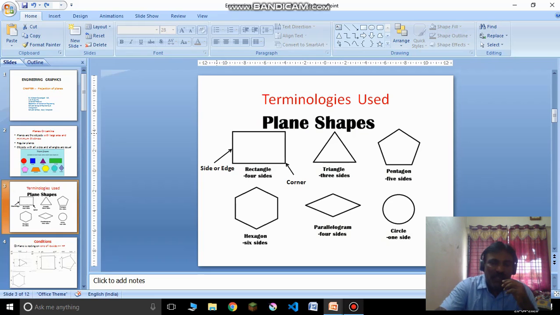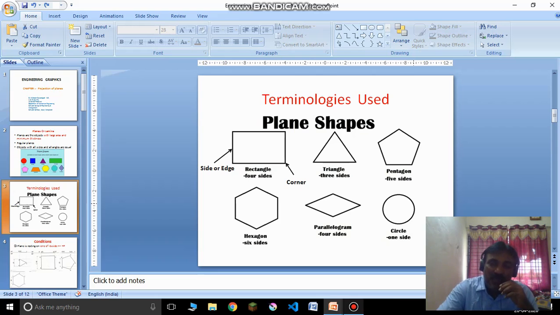A rectangular or square lamina will have 4 sides or 4 edges, and it will have 4 corners. A triangular lamina will have 3 sides and 3 corners. A pentagonal lamina, 5 sides, 5 corners. A hexagonal lamina will have 6 sides and 6 corners.